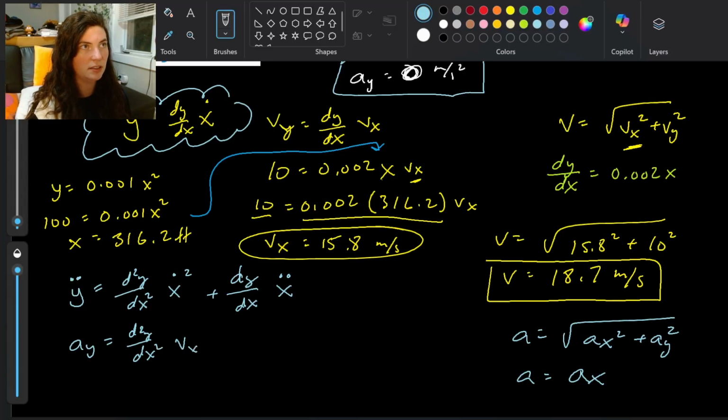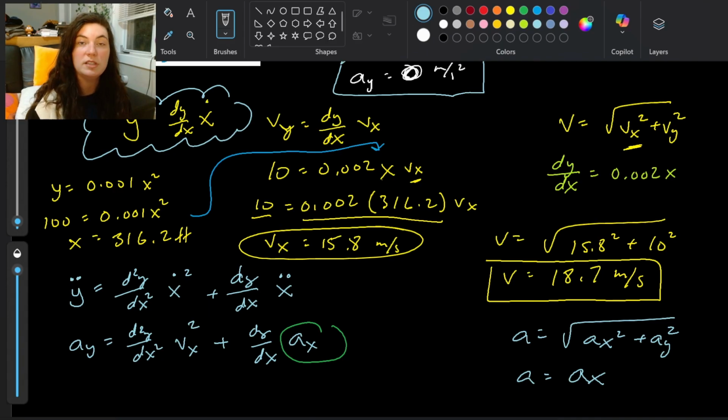Remember, x dot is just the derivative of x with respect to time, so that's velocity in the x direction, squared, plus dy dx times our second derivative of x, which is going to be ax. And this is the one we're looking for, the one we're solving for. So let's take a look at what we have, what we don't have, and how we can solve for this.